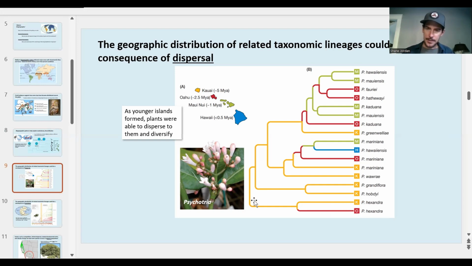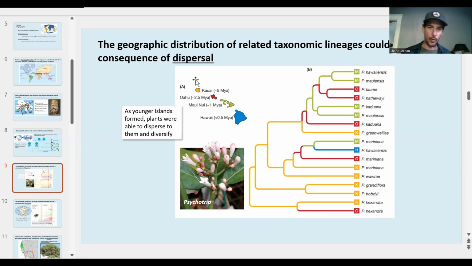We can see in this phylogeny how the different colors of the branches represent the different islands where the different lineages of Psychotria dispersed. So we see the original ancestral lineages occurring on Kauai, and maybe one of those eventually has the opportunity to disperse and colonize Oahu. And then maybe we see this happening again here, whereas these other lineages don't leave Kauai.